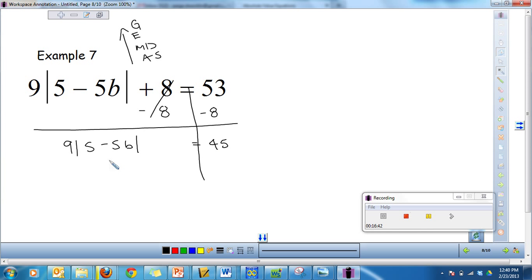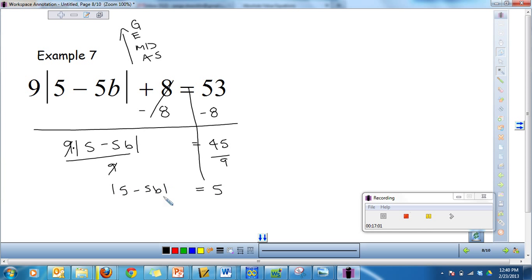My absolute value bars are still not isolated. I still have this times 9 here, so I need to divide both sides by 9. These 9's cancel out. I'm going to bring down the absolute value of 5 minus 5b is equal to 45 divided by 9, which is 5.